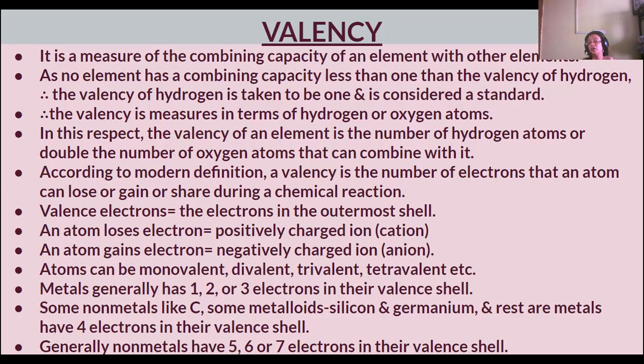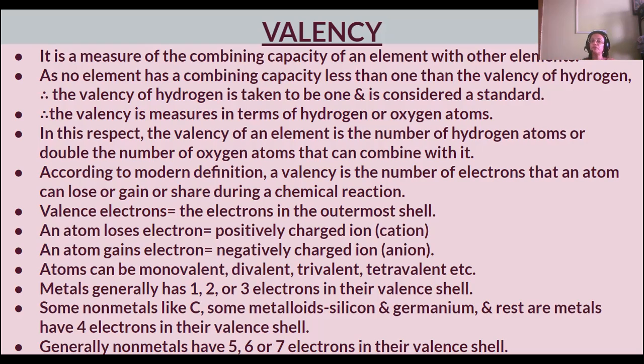So if we want to know the combining capacity or valency of an element, we need to know the number of hydrogen atoms or double the number of oxygen atoms that can combine with that element. Then we can know the valency of that element.